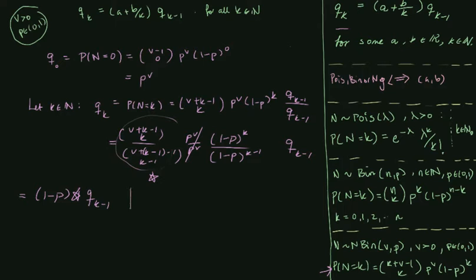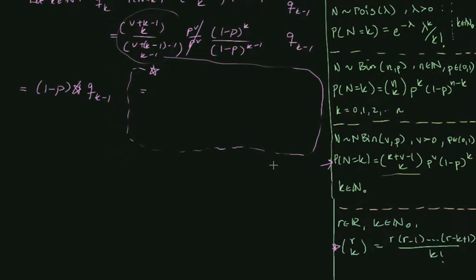Now let's try to take a look at how star looks. So we'll just give star its own bubble. Now star is equal to v plus k minus 1 multiplied by v plus k minus 2 and so on, all the way down to v, divided by k factorial.